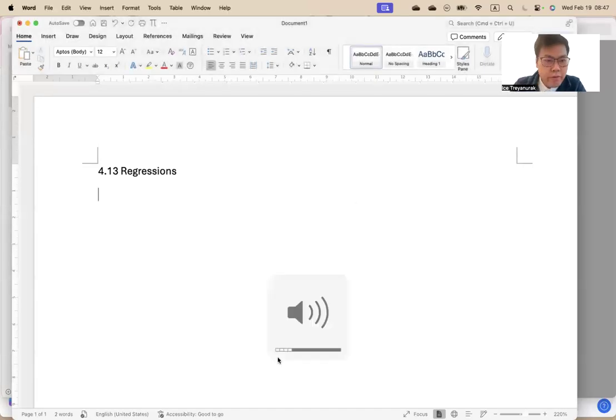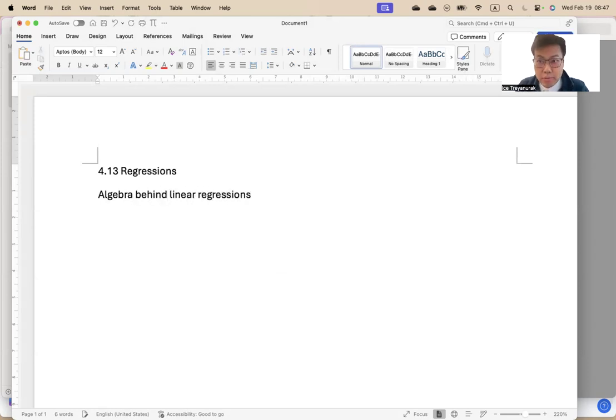This is 4.13 regressions. We will talk about a few things. The first part is the algebra behind linear regressions. We'll briefly touch on nonlinear regressions as well at the end.